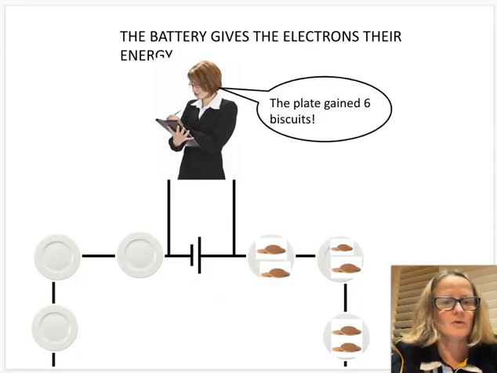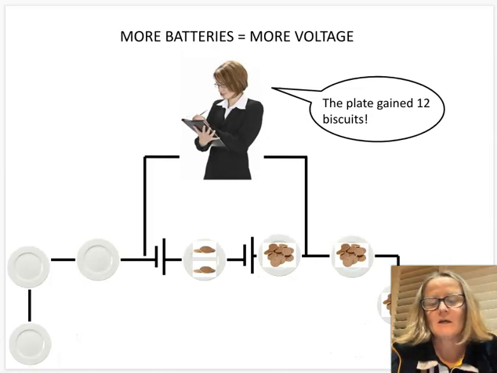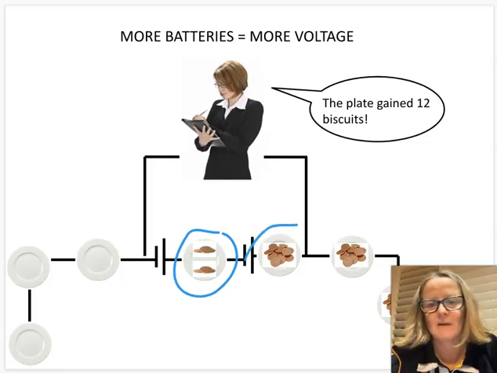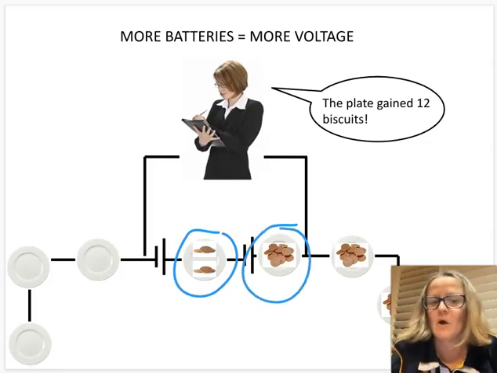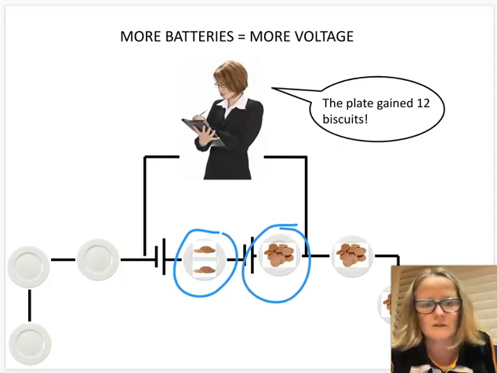We can also have a look what happens if you have 2 batteries side by side. One's putting out 6 chocolate biscuits, and the next one is putting out 6, so now we have 12 chocolate biscuits. So if you add 2 batteries together and keep them in the right direction, you can increase the voltage.